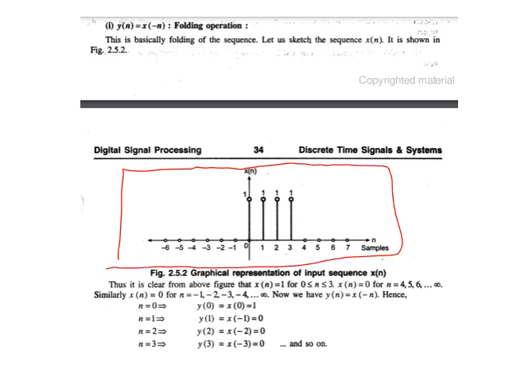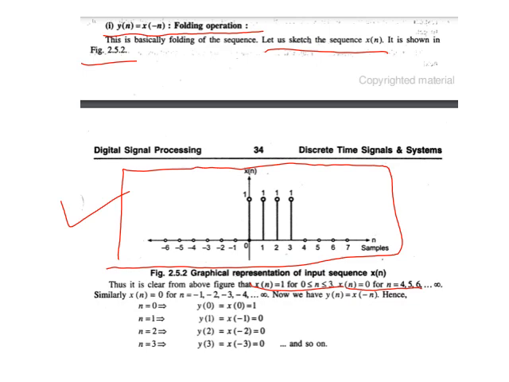So the first example is y of n equals x of n minus 1, that is the folding operation. Let us sketch x of n. Okay, so we have sketched x of n. Now it is clear from the above diagram that x of n is 1 from our definition, and for other values it is 0. So similarly x of n is 0 for n equals minus 1, minus 2, minus 3.